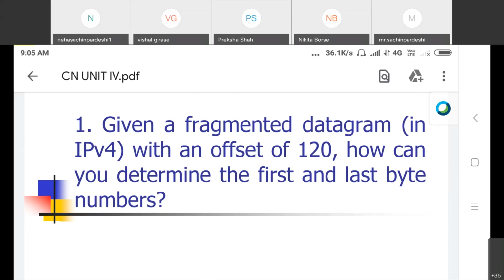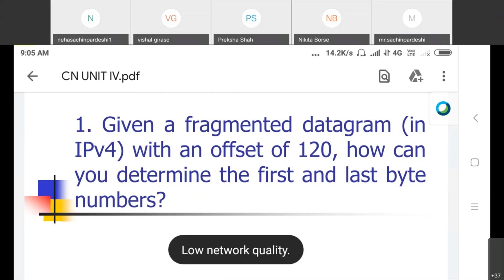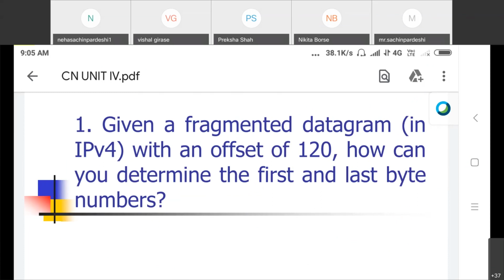So actually we are going to discuss problems regarding IPv4, and today we are covering the IPv4 and IPv6 session. From the next lecture, we will discuss the distance vector routing protocol, link state routing protocol, RIP, OSPF, these different protocols, next week.